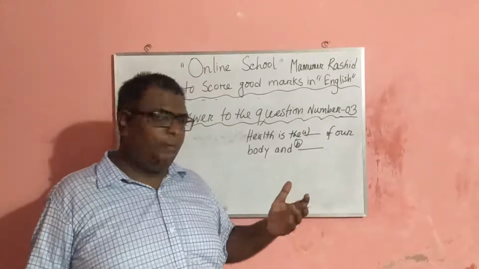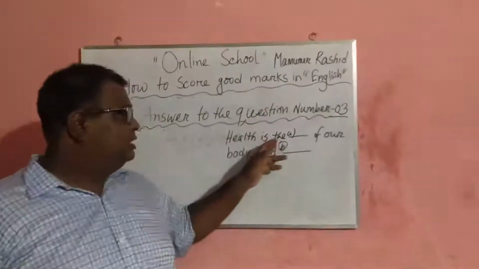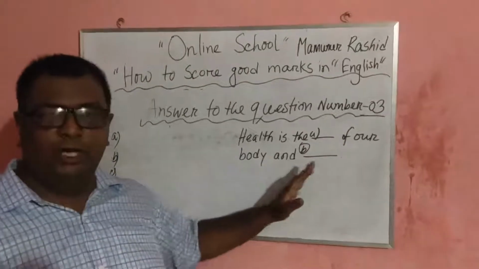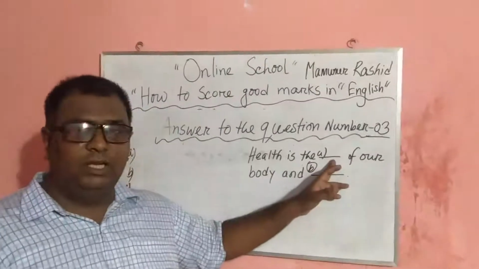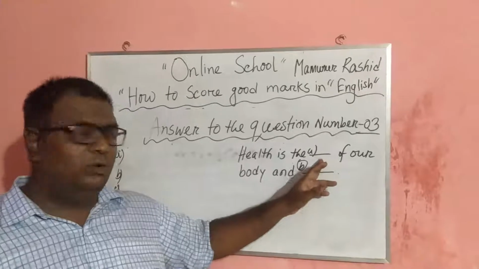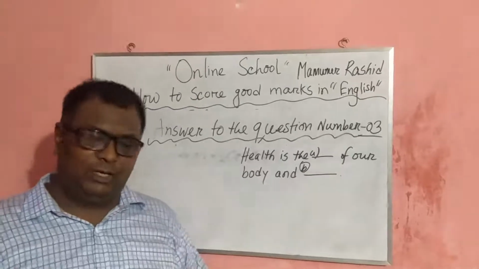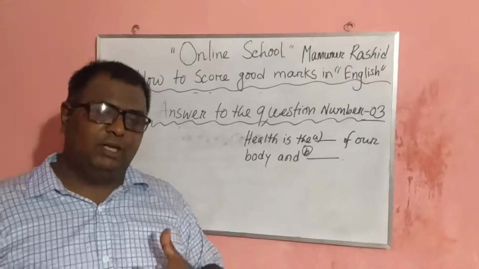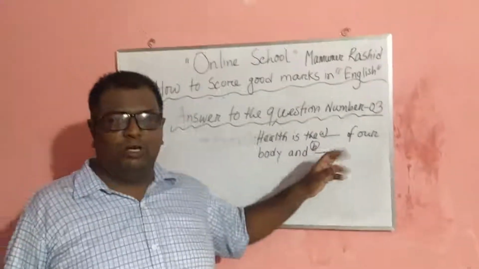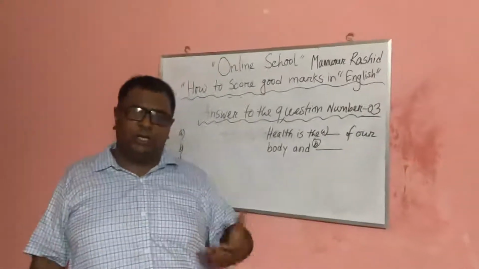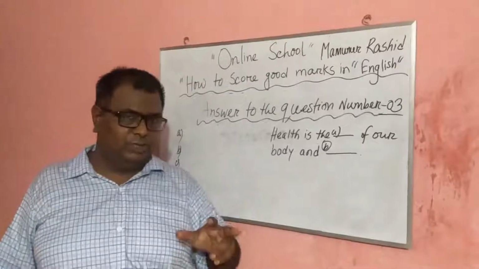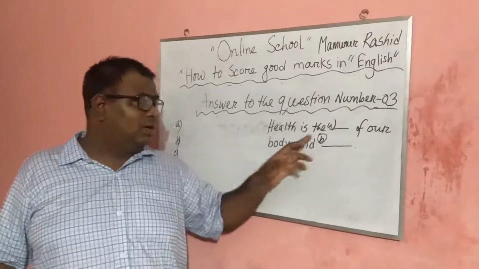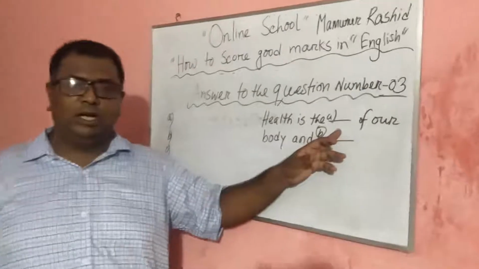Suppose, health is the condition of our body and mind. Here we can easily understand the words condition and mind. But if you face any difficulties, like you cannot write the word condition, you can write the word situation. Similar words, condition and situation. So you can also write situation here.